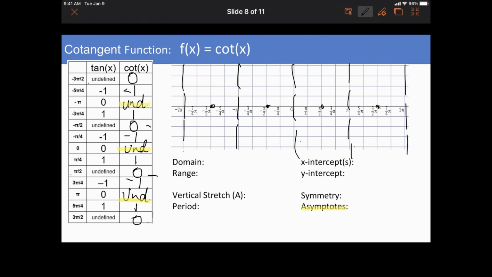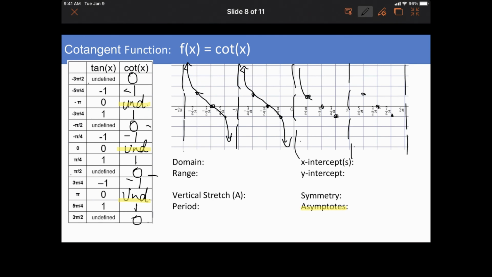Pi over 4 is 1. Sorry. And then 3 pi over 4 is -1. Ooh, well, that's different. And pi over 5 is here, and then 1. Okay. So now it's 1 here and there. Okay. So cotangent looks like this.